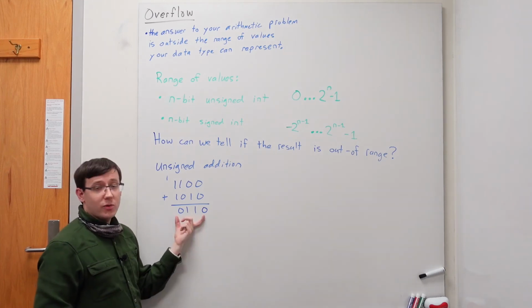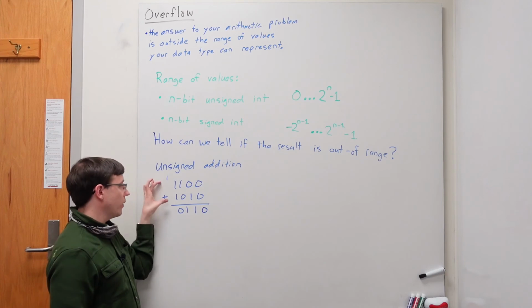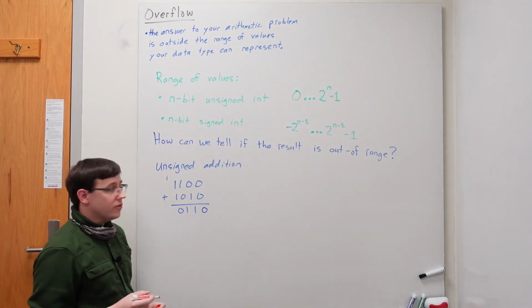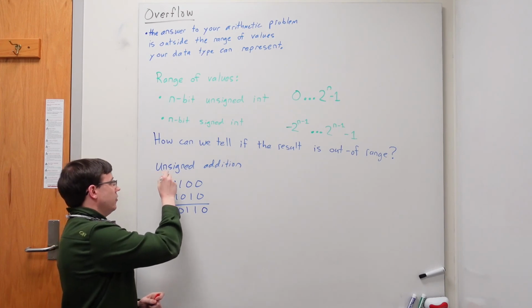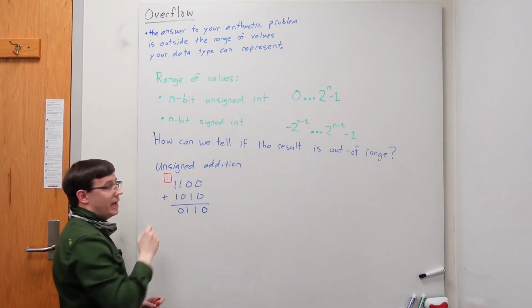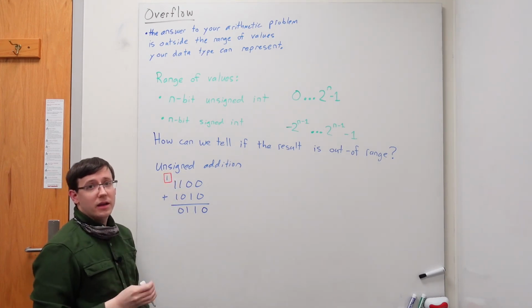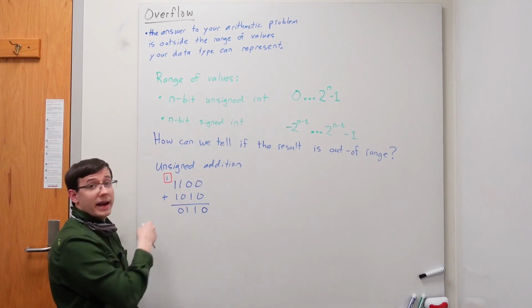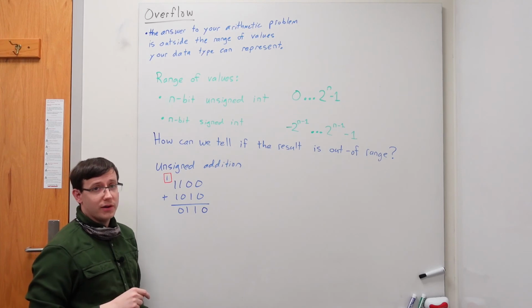And so the answer that we actually got of 6 is incorrect for the addition we were trying to perform. And so in the case of unsigned addition, having a carry out the end is indicative of the fact that we needed that extra digit in order to represent our answer.